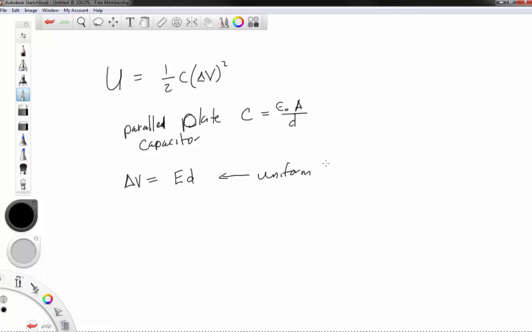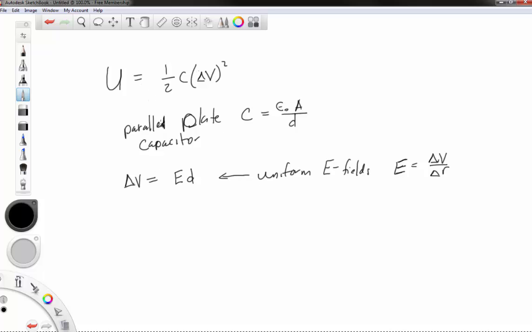So uniform E field requires that E is always delta V over delta R, or if we want E sub x, it's delta V over delta x, and so on. You can rearrange this and then note that delta R is really the distance between the two plates, and that gets you the electric field strength between the two.